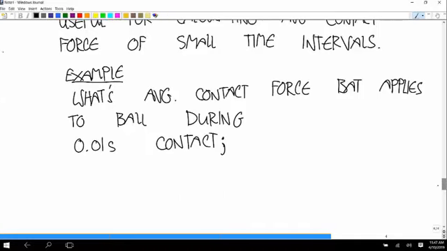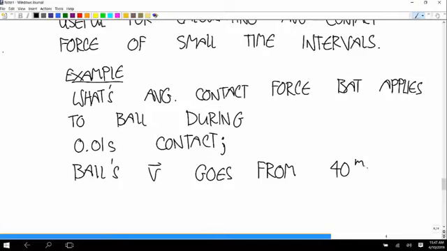And over this contact, the ball's velocity vector goes from 40 meters per second this way, so toward the bat, and this angle is 5 degrees.